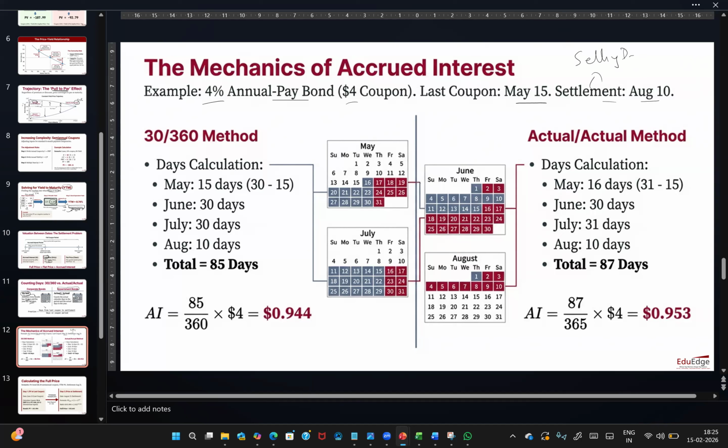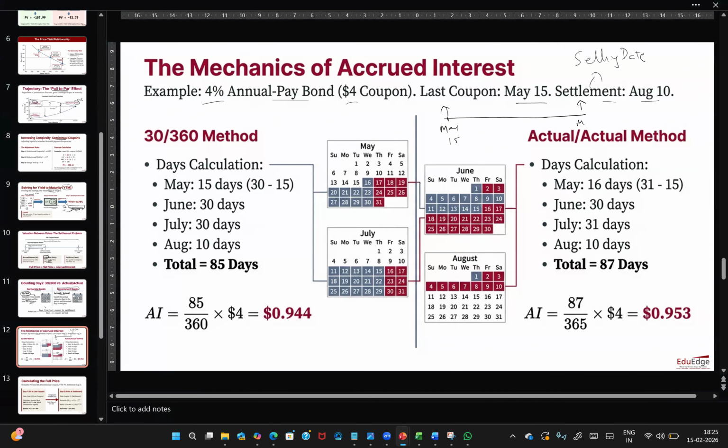So this is the selling date for the bond. Can I say last coupon was 15th May, as a cash flow diagram? This is when you received your last coupon. Can I say next coupon you will only receive on 15th May of the next year, right? But now you're trying to settle the bond, or sell the bond, in between. So August 10 is your settlement date.